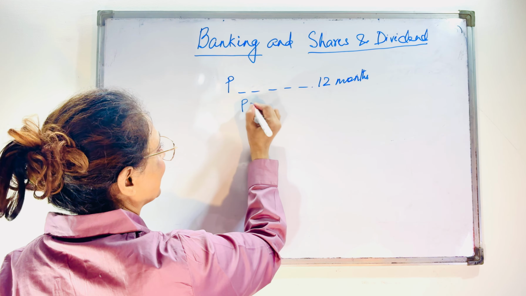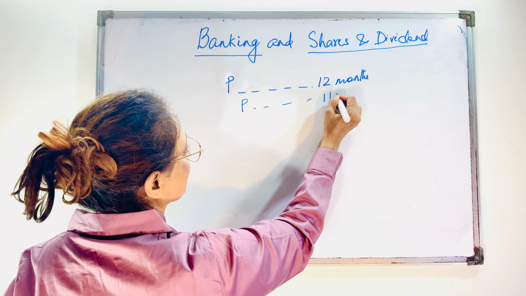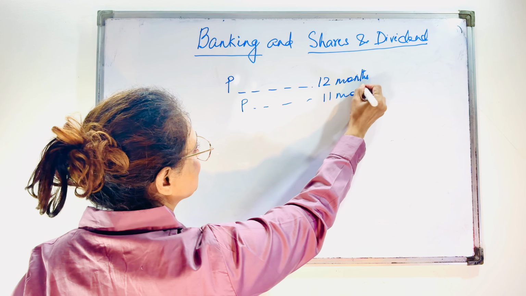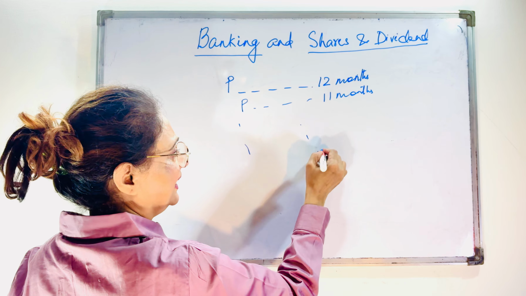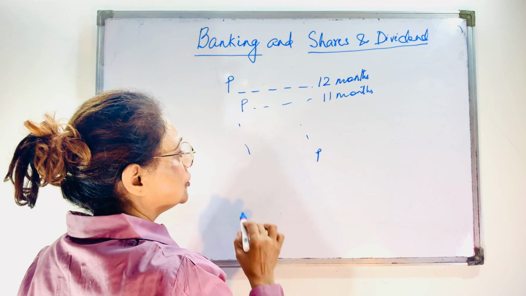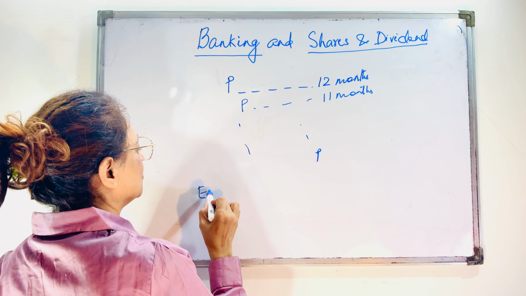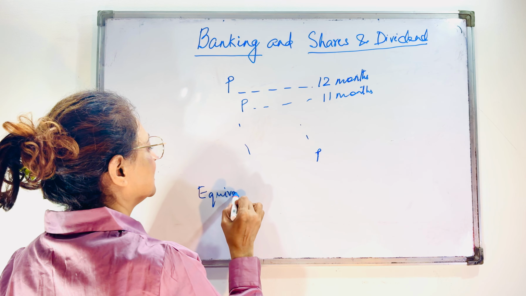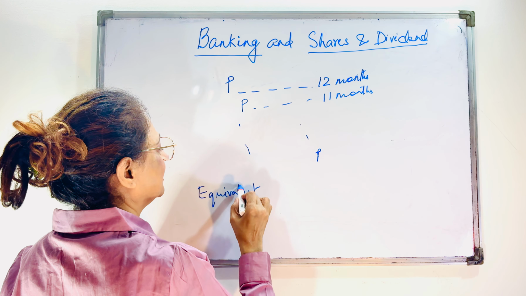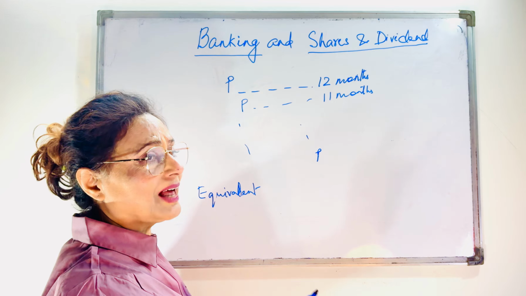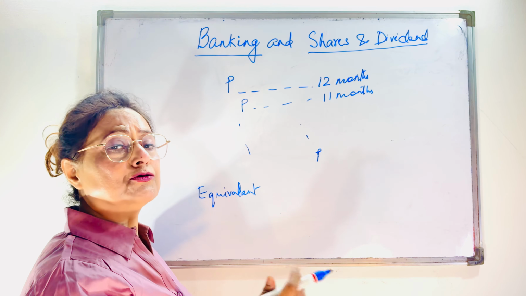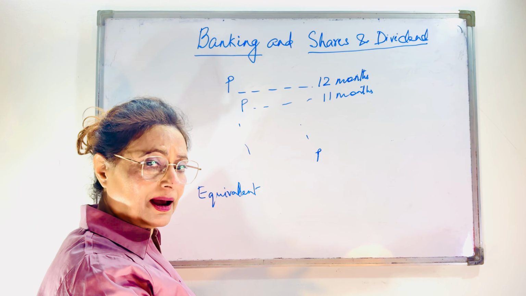Now next month again I deposit. So this is there with the bank for 11 months and so on, right? Last month only P. So total equivalent amount, that means if I were to pay the whole sum at one time, how much would I be depositing in the bank?